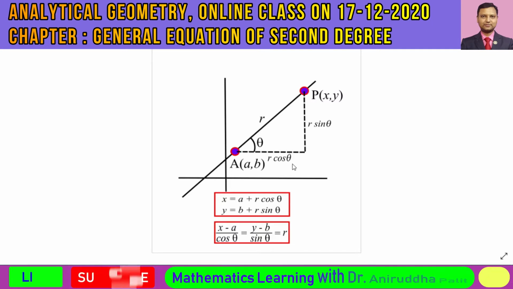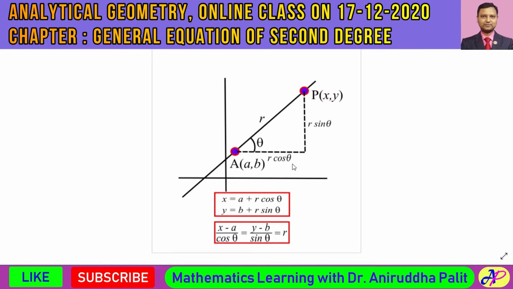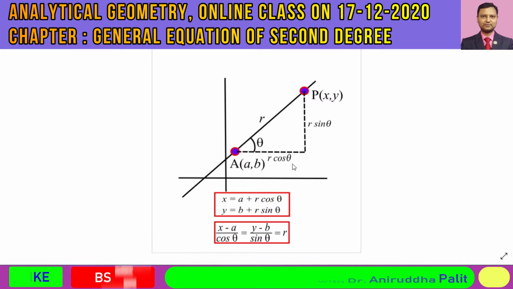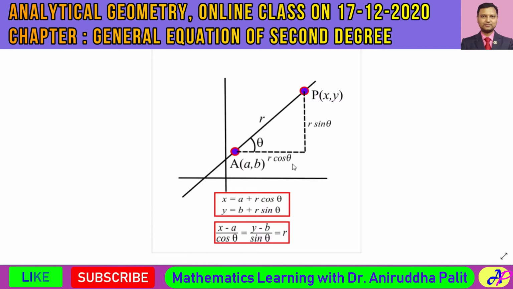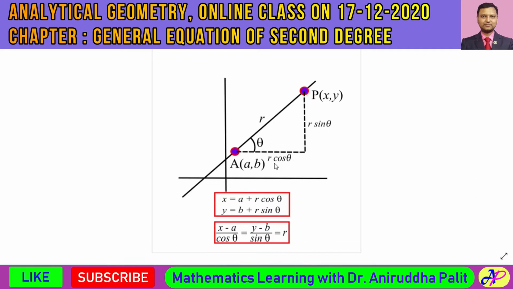The idea of direction cosines will be introduced in your three-dimensional geometry, but whenever that idea is converted to two dimensions, we get cos theta and sin theta. For the time being, you just need to remember this idea of direction cosine.